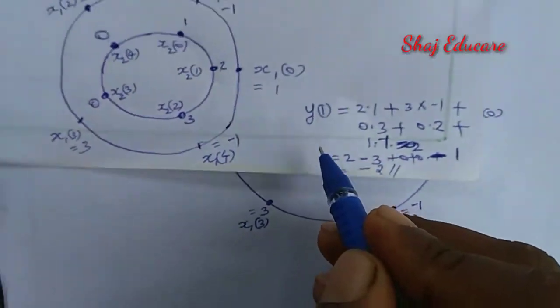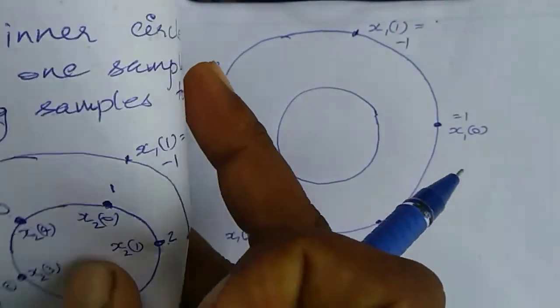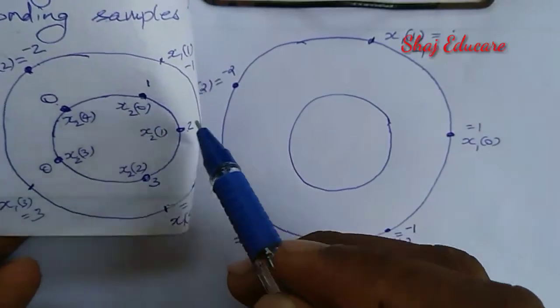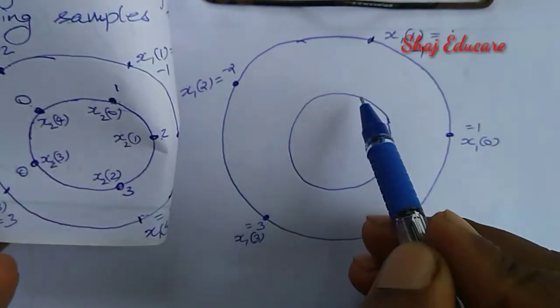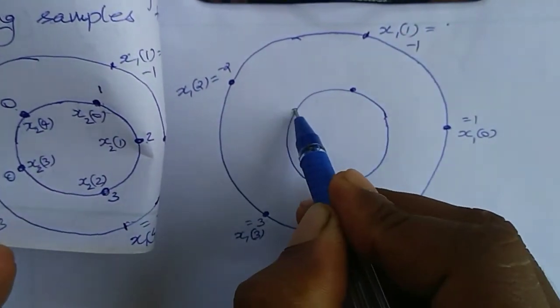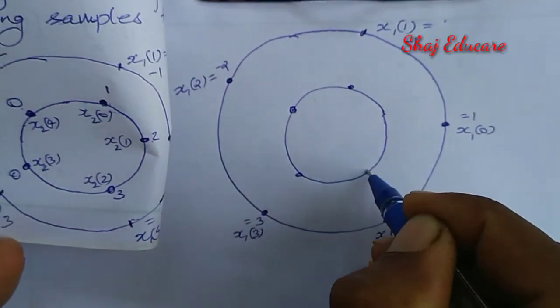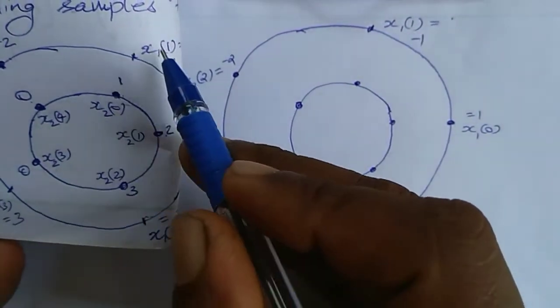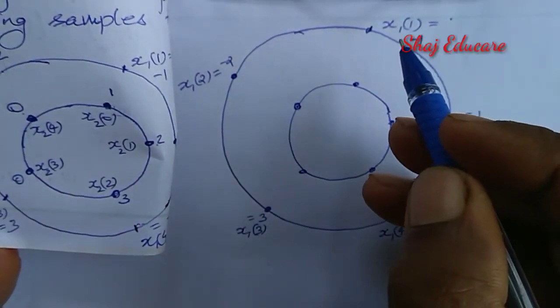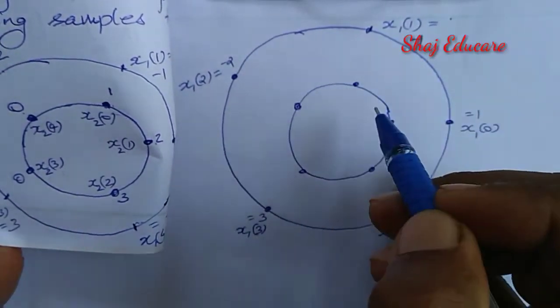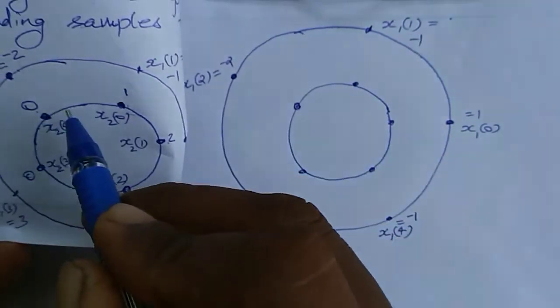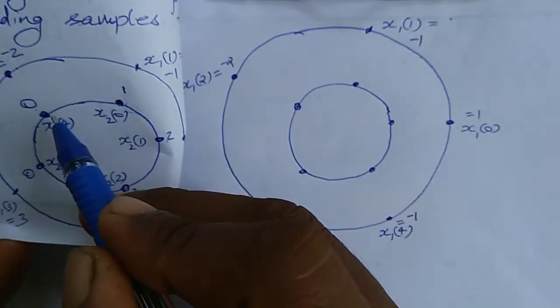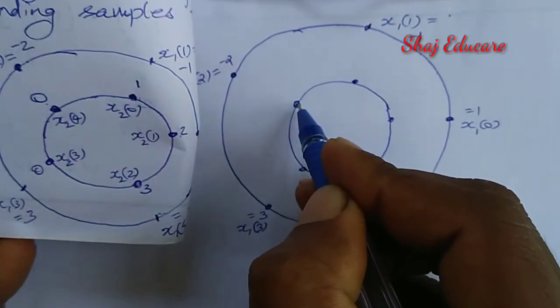So this x2 of 0 was with x1 of 0 in the previous case. Okay, sorry, x1 of 1. Now we have to rotate this x2 of 0 by one sample again, so that will be here.